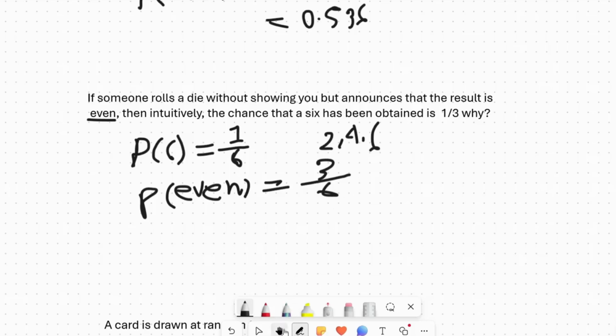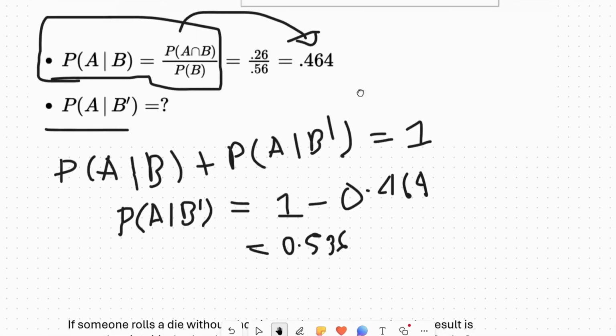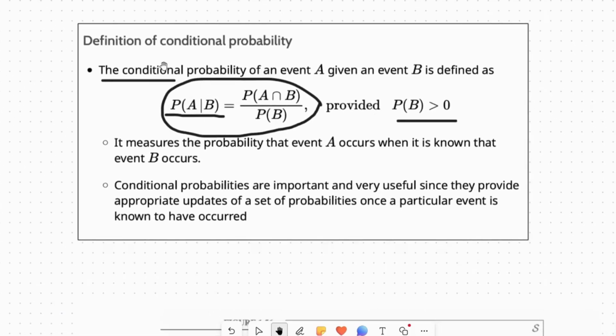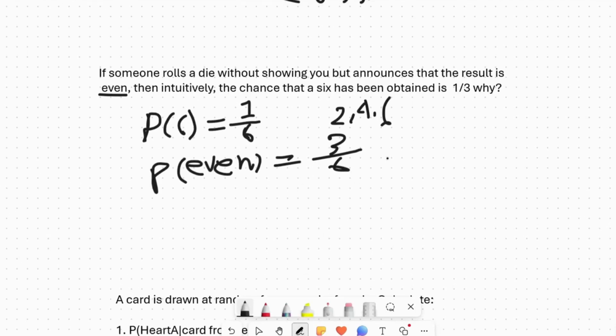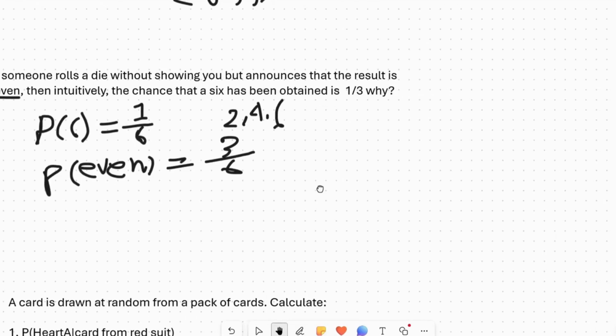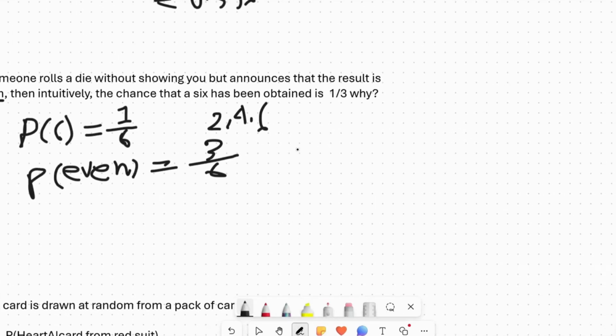If we use the definition of conditional probability that we already know, then we can write the probability of 6 given even.